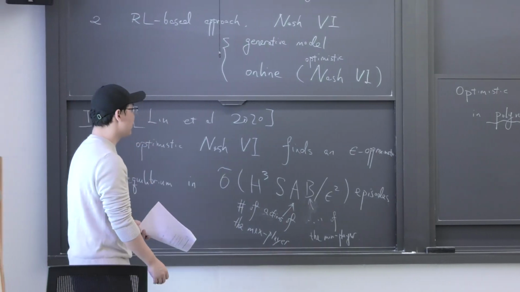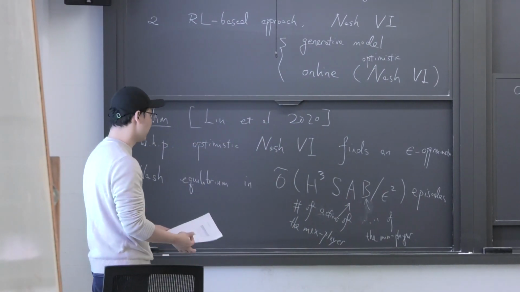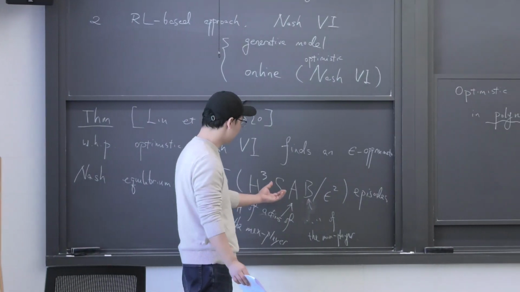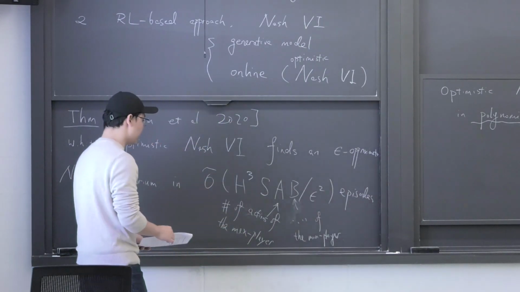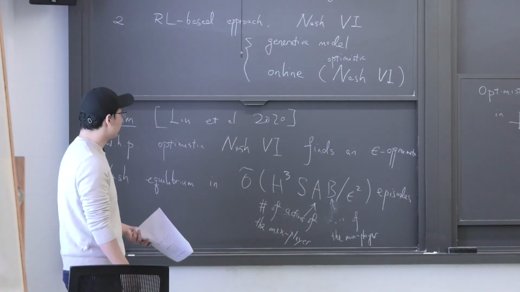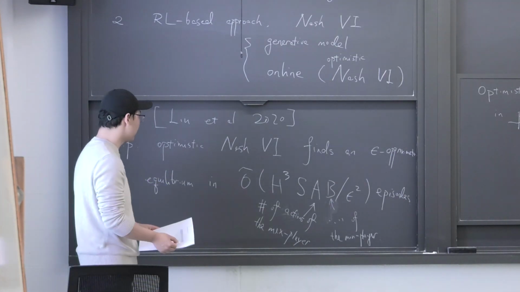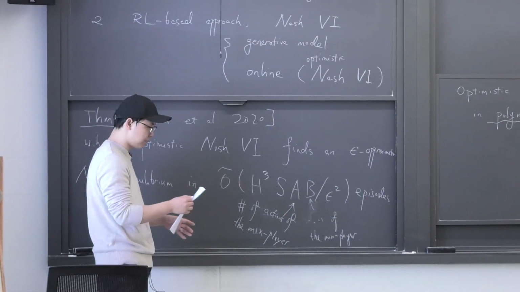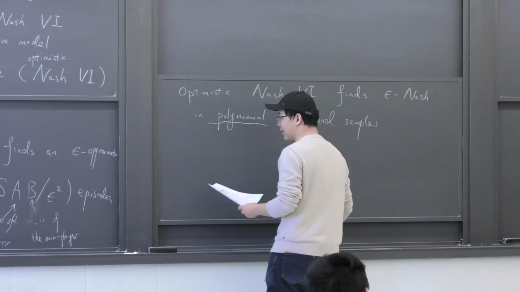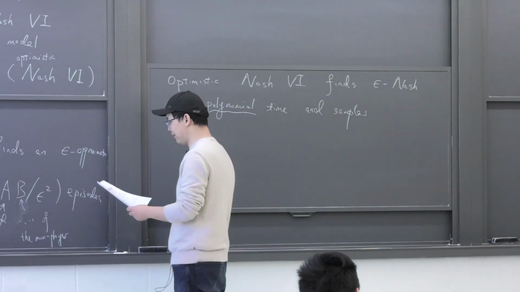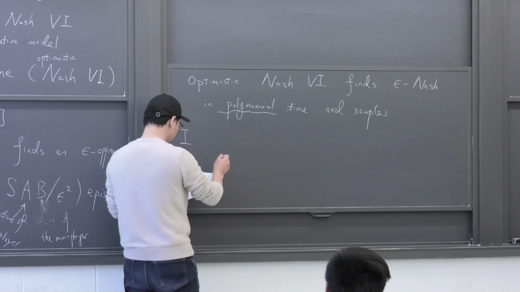The other thing you might wonder is, if you look at the sample complexity, this seems pretty straightforward. As we said, we just replace the single agent number of actions by the total number of action combinations of the two players. But in the game, we might have more structure, since we want to find Nash equilibrium. So the natural question is whether this sample complexity is optimal. It turns out that at that time it was unclear, because the basic information theoretic lower bound one can prove is actually something lower.